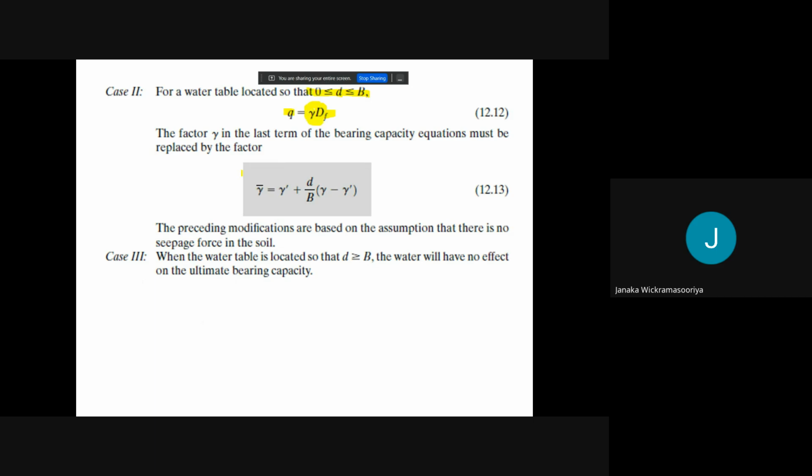But the important thing is that the factor gamma in the last term should be replaced by this gamma dash. These are the modifications when you have a water table.